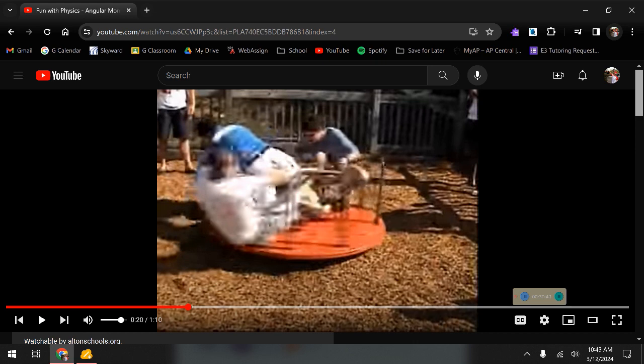So it increases the faster they go, and the harder and harder it is to hold on. That makes it even worse when you want to get to the center, because it's getting even faster as you get to the center, requiring even more force. So the first person probably does a decent job and can get there. Everybody else probably doesn't have enough force in their muscles to pull it off.